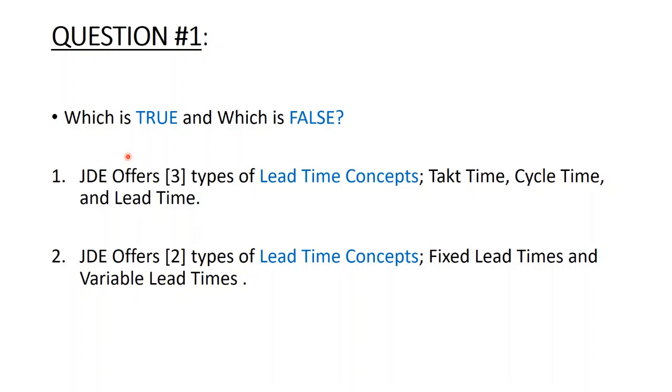Question 1 is 2 parts. Which is true and which is false? JDE offers 3 types of lead time concepts: takt time, cycle time, and lead time. Part 2 of the first question, JDE offers 2 types of lead time concepts.